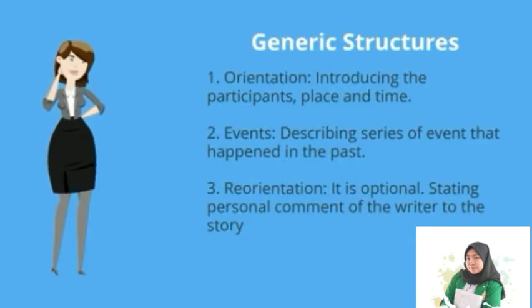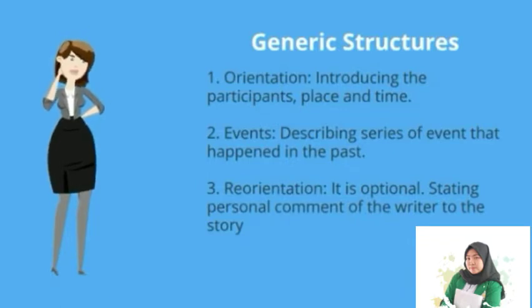And then place. Place means like Palembang, Yogyakarta, Bali, and so on. And then the time. It means the time is in the morning, leisure, and so on.